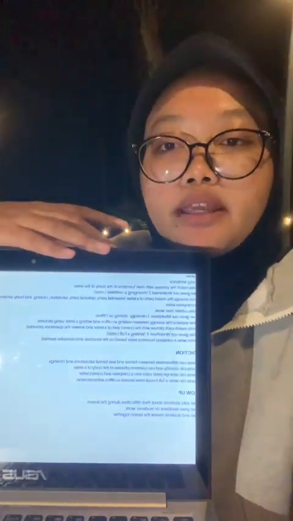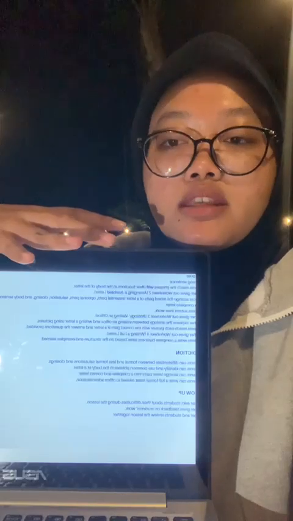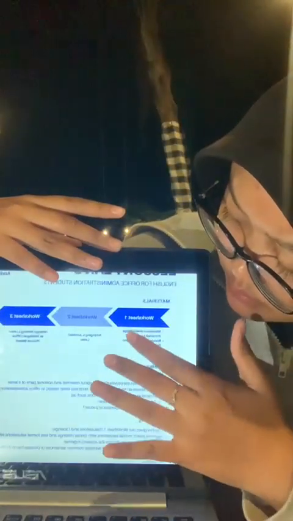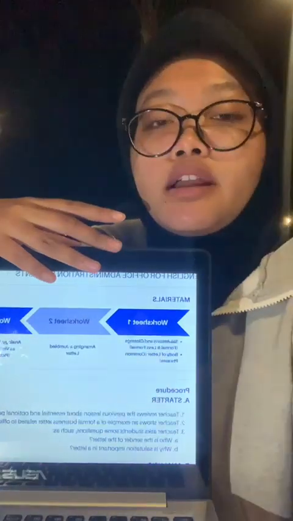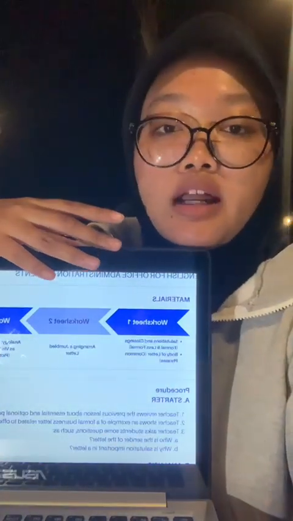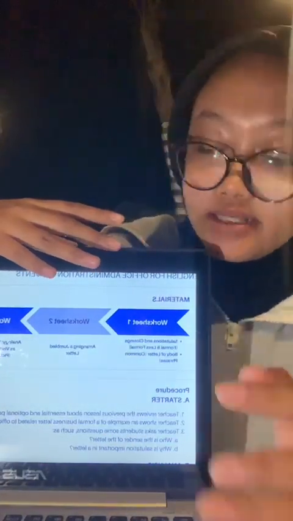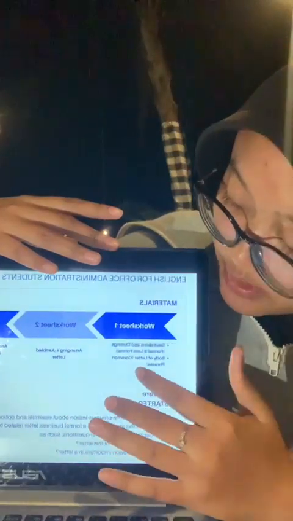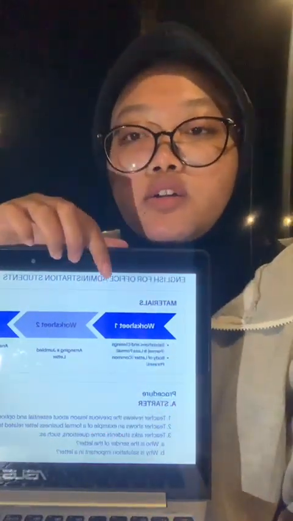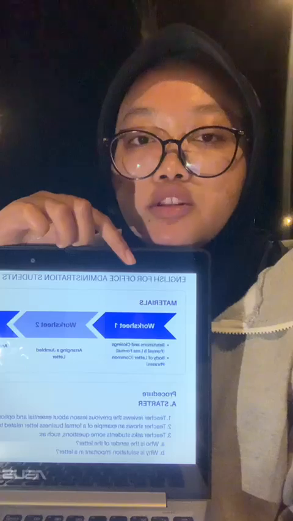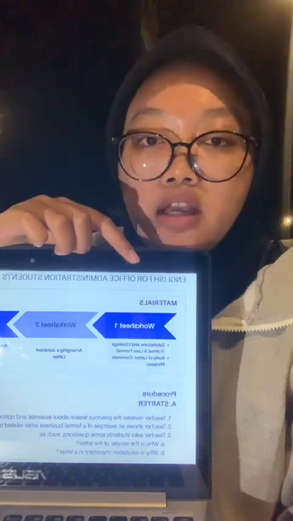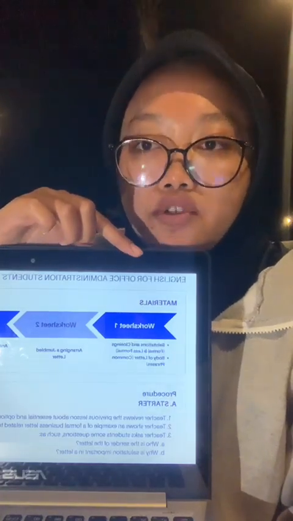Now, I will explain the materials used in this lesson. There are 4 worksheets. Worksheet 1 focuses on salutation and closing, both formal and less formal.